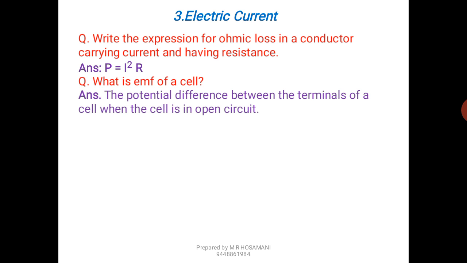It is the potential difference between the terminals of a cell when the cell is in open circuit. If the cell is not in use, then the potential difference between the positive terminal and negative terminal of the cell itself is the EMF of the cell. The next question is, write the SI unit of EMF of a cell. EMF of a cell is measured in volt.